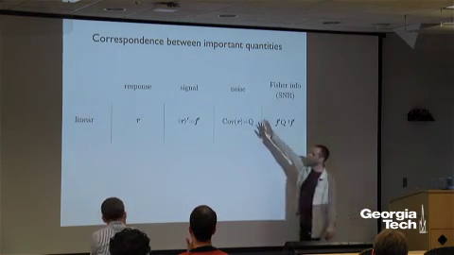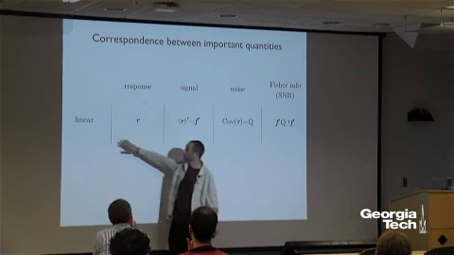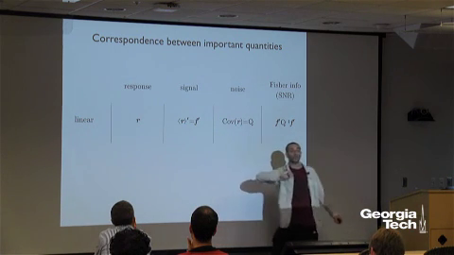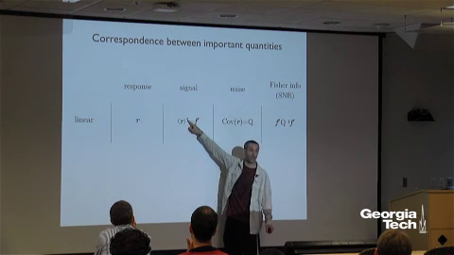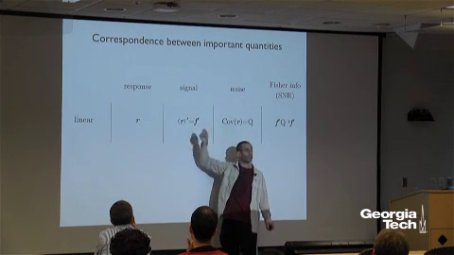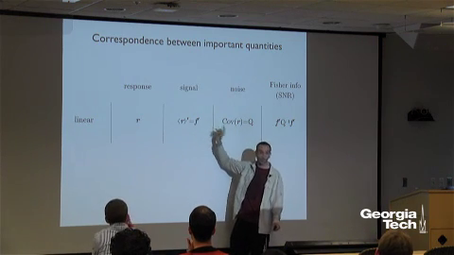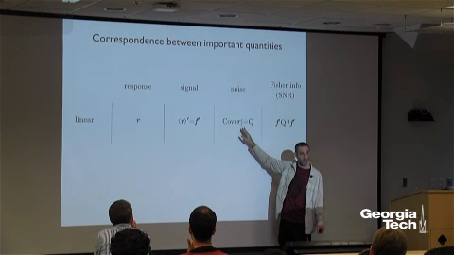So let me do one more set of parallels, because I think that this hammers it home even better. In the linear case, the signal was the change in the mean, right? Here's your mean. The prime is the change. This is how sensitive your mean response is to the signal, right? So f prime to the stimulus. f prime is the signal. The noise is the covariance of the response.